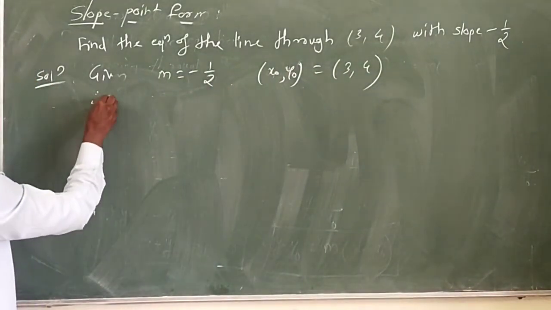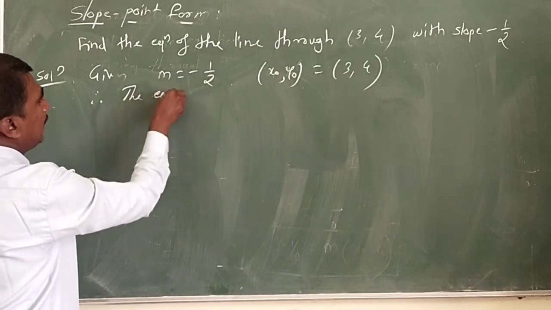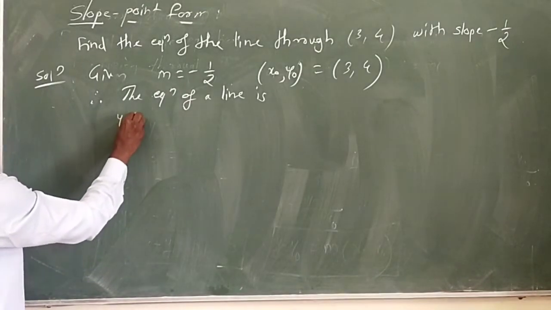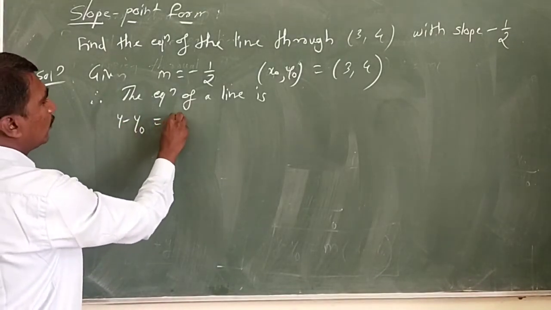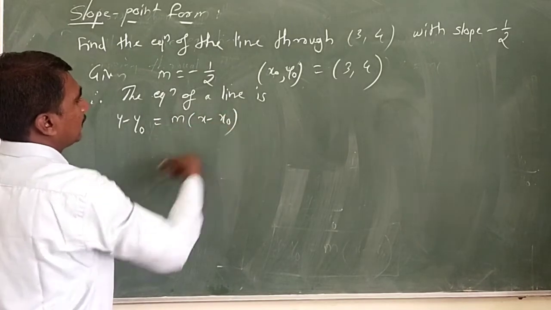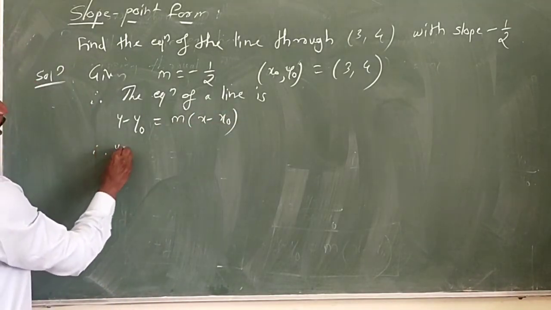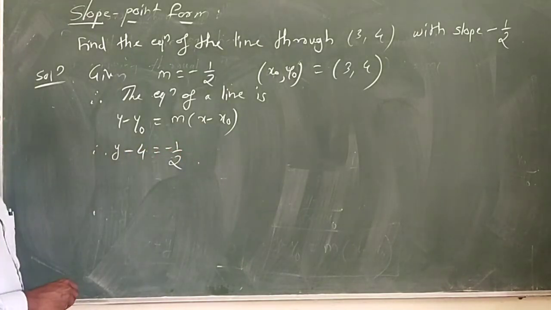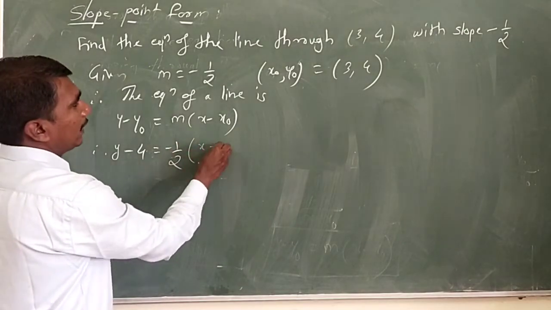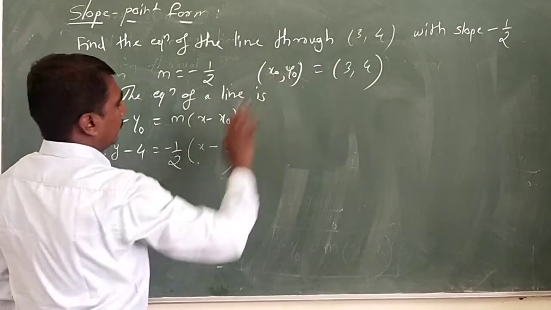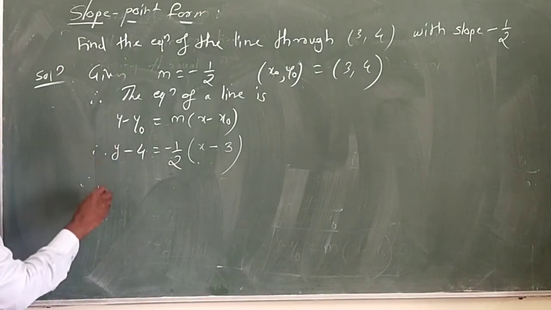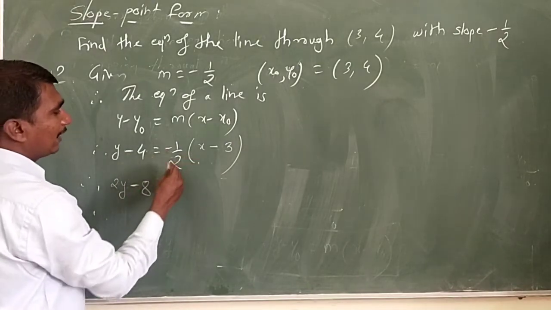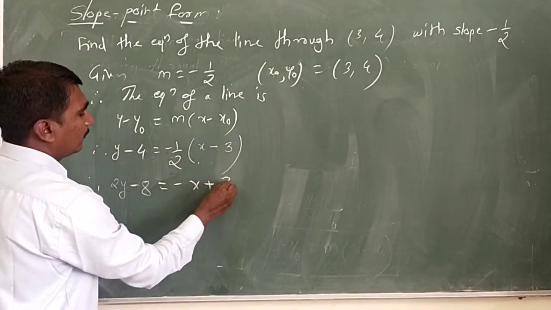So therefore the slope point form, the equation of a line is y minus y0 is equal to m into bracket x minus x0. So y minus 4 is equal to m, which is -1/2, into bracket x minus 3. Now cross multiply, take this to the left hand side: 2y minus 8 is equal to -x plus 3.